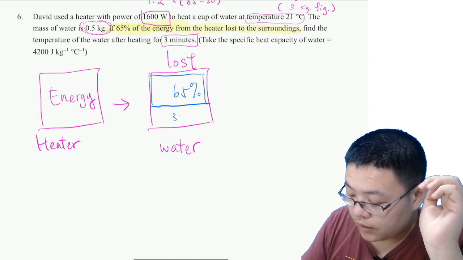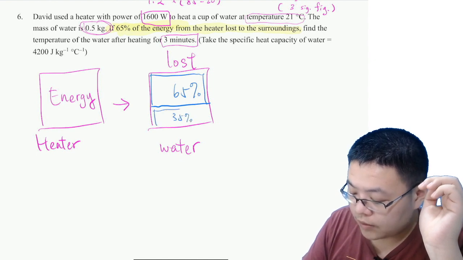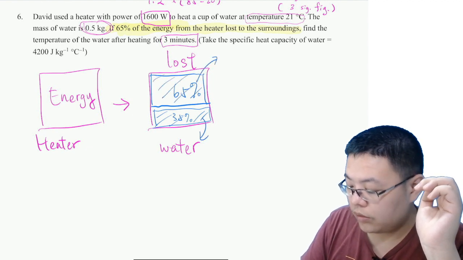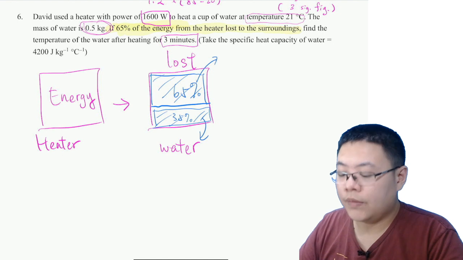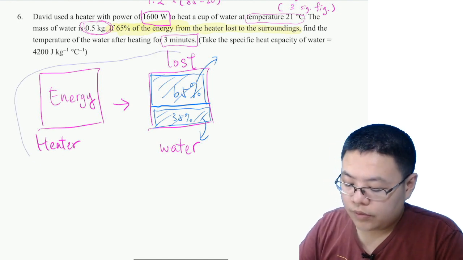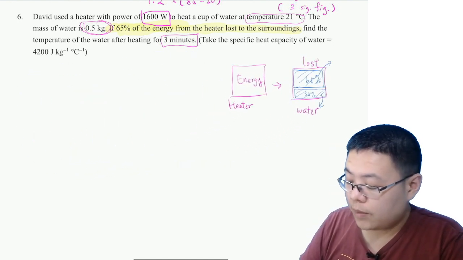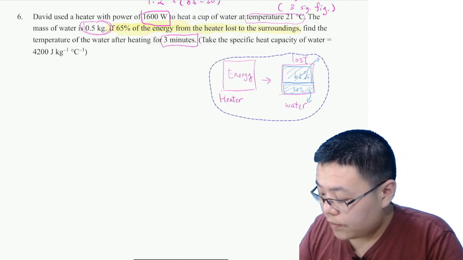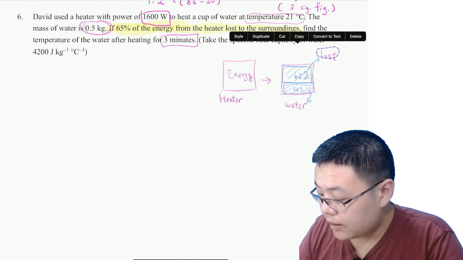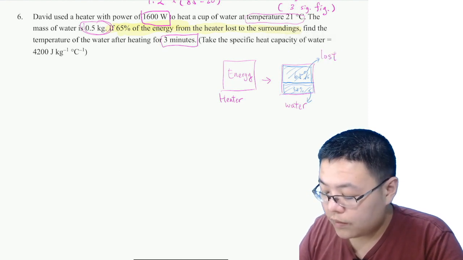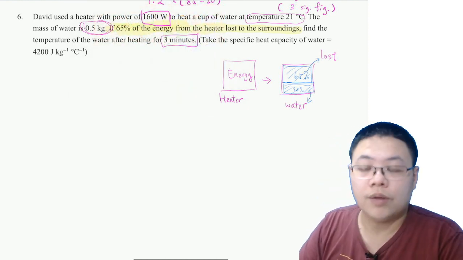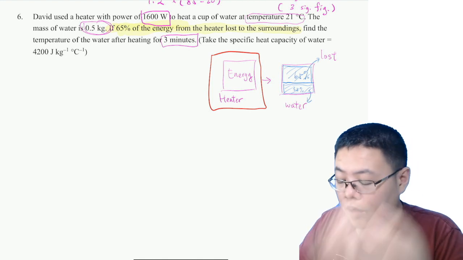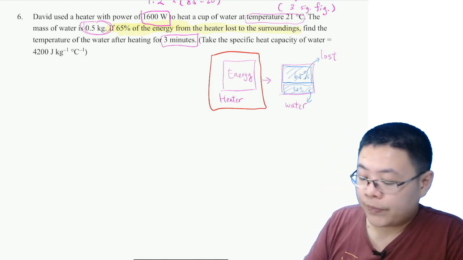That means only 35% is really given to the water. This is lost. Okay. You can also draw this type of diagram for your own reference, but the marking will not count that. Okay. Whatever. Let's start the calculation. So let's calculate this part before the loss. How much energy are there?